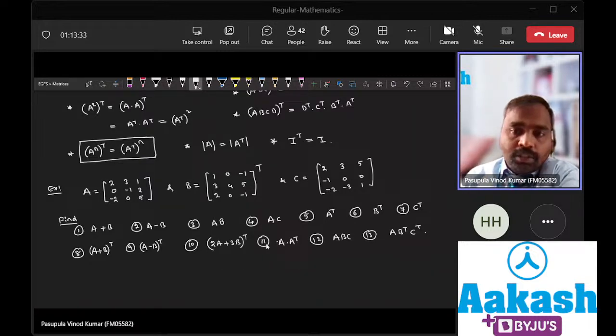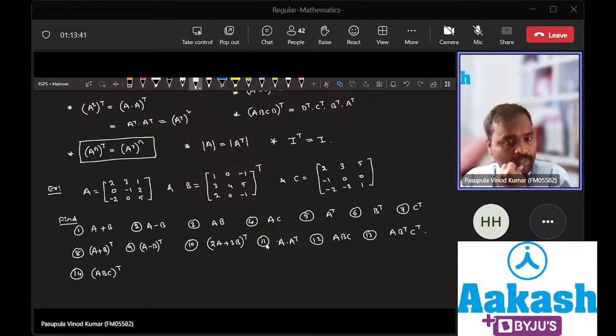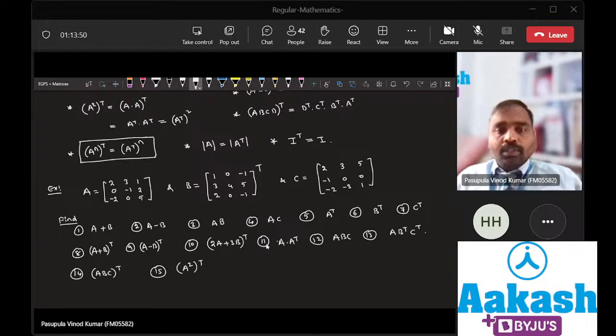And next, 14th one, A B C whole transpose is equal to what? Next, 15th one, A square whole transpose.